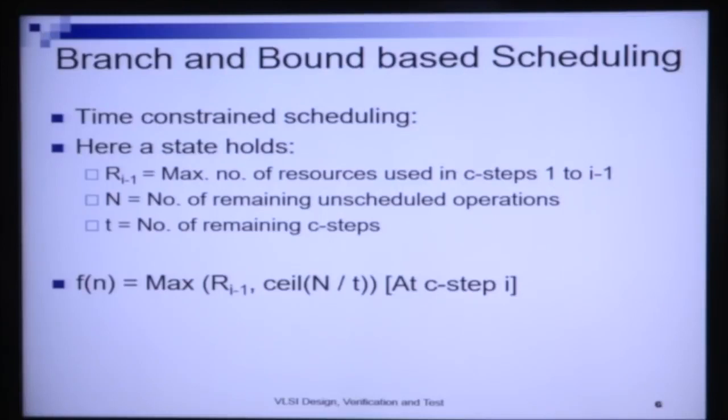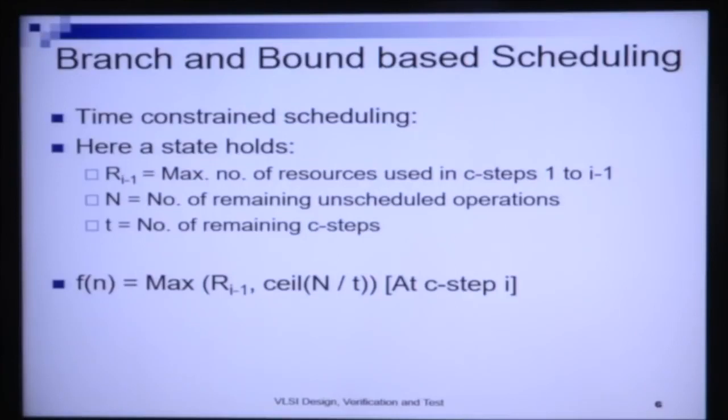I may allocate an operation to a resource, I may not allocate an operation to a resource. And the other things that we discussed for the branch and bound remain the same: if all my operations at a particular time step get exhausted, I need to increment time to get back any resource that I have.